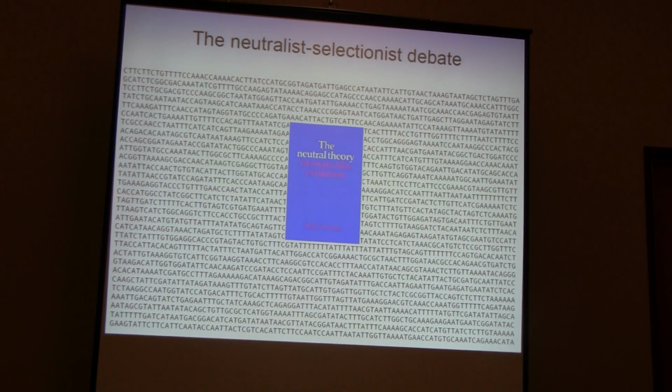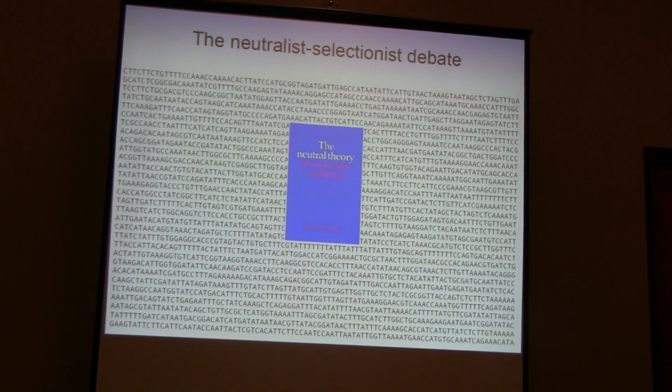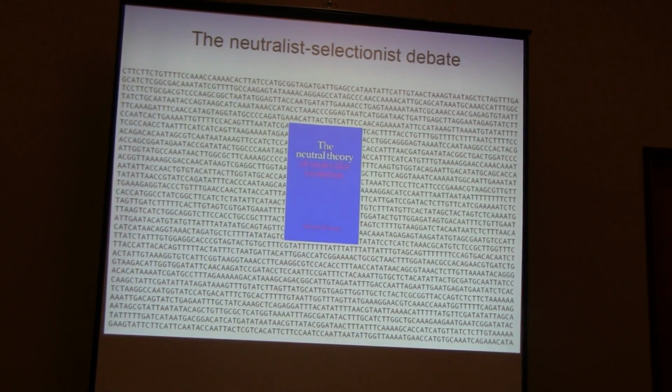Well, regardless of one's views, the neutral theory provides a well-defined null hypothesis and a statistical framework for testing that hypothesis that can now be overlaid on top of the massive amounts of genome sequence data that is currently being collected in a diverse array of organisms.